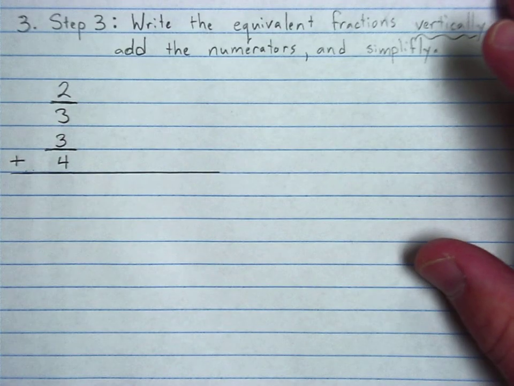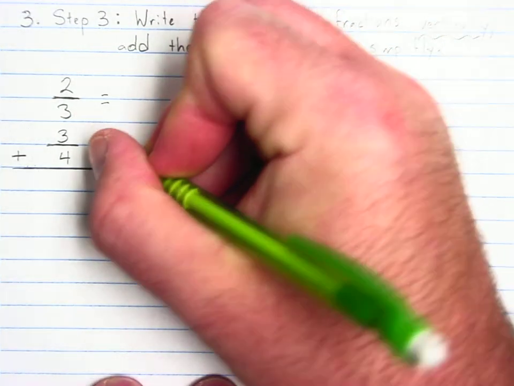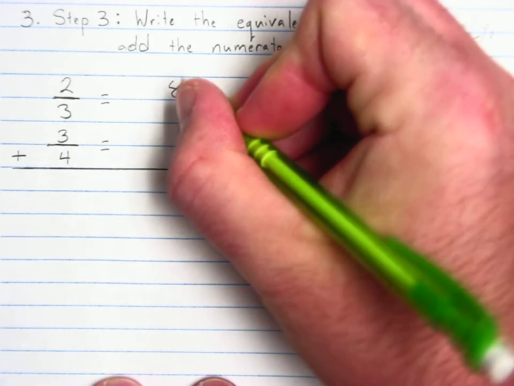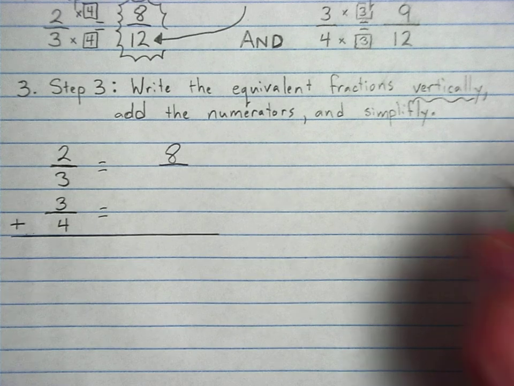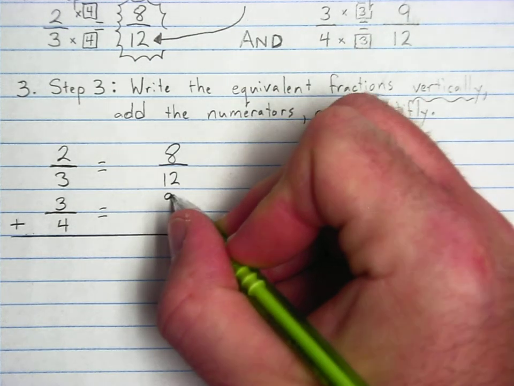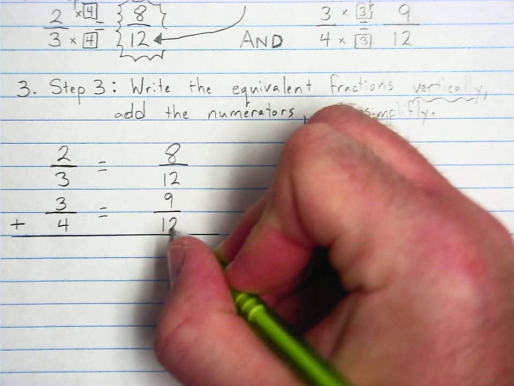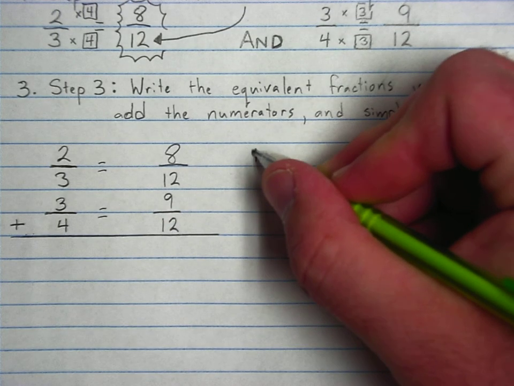I'm going to extend out my little bar quite a bit because I will need the space to write my equivalent fractions. We already talked about how 2/3 is the same as 8/12. We know that 3/4 is the same as 9/12. Now, a few notes.